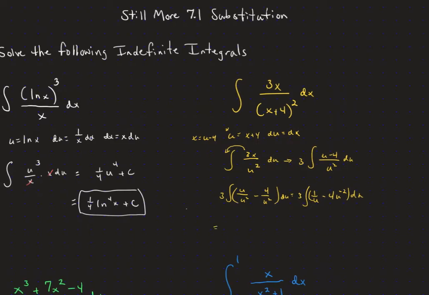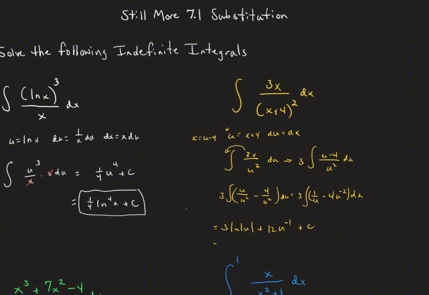So the integral of 1 over u is going to be the natural log of the absolute value of u. And then we're going to add 1 to our exponent. We're going to multiply that by the reciprocal, negative 1, which will make that negative 4 into positive 4, times that 3 is going to be a 12.